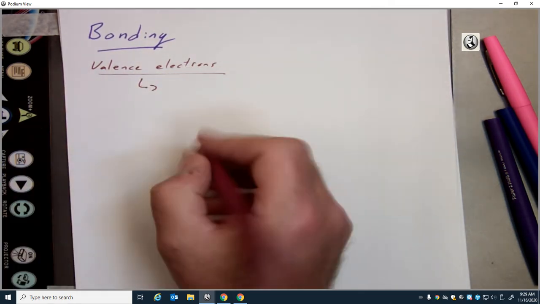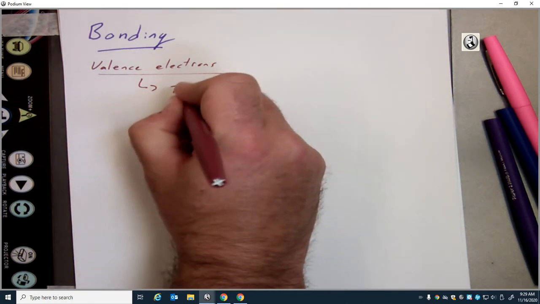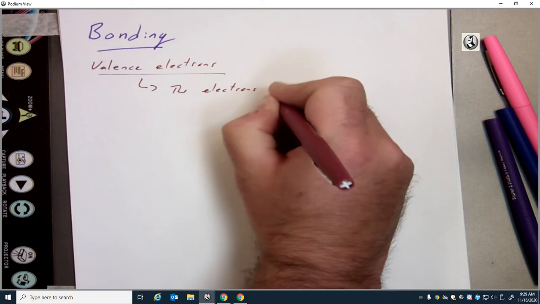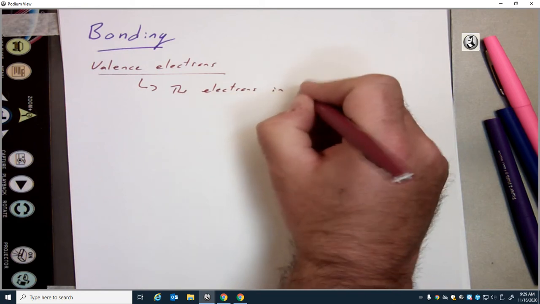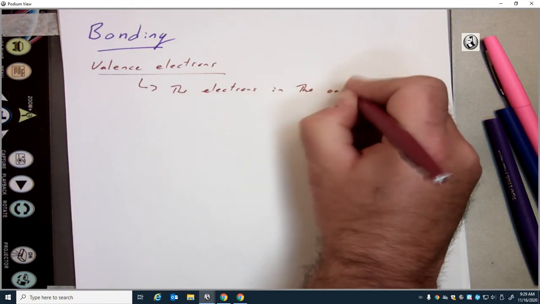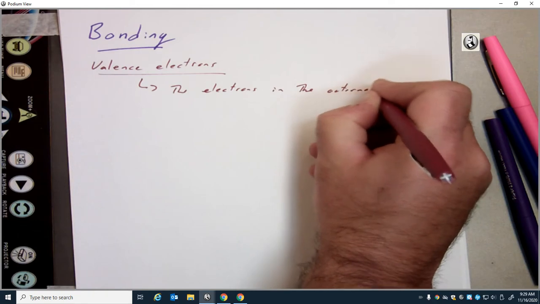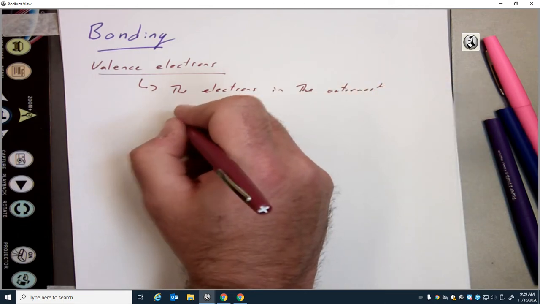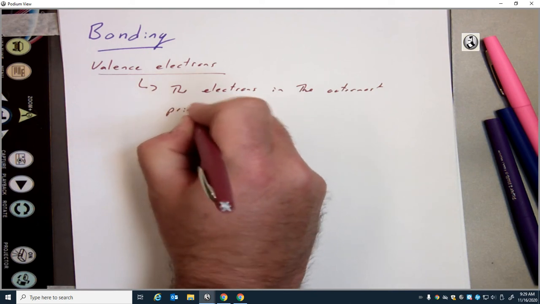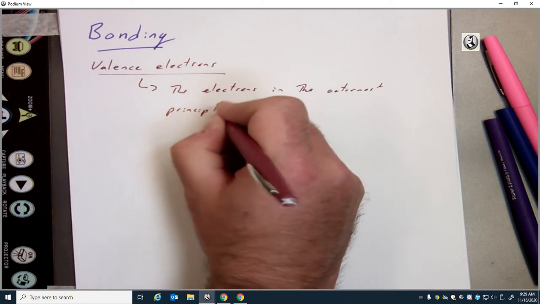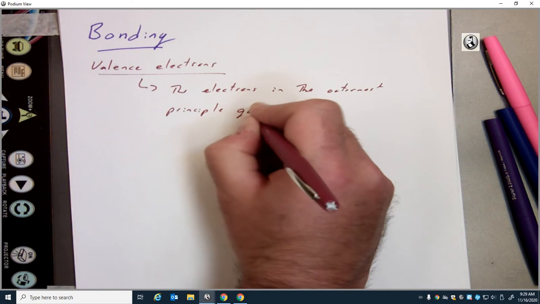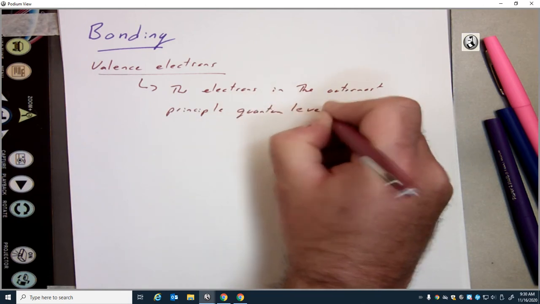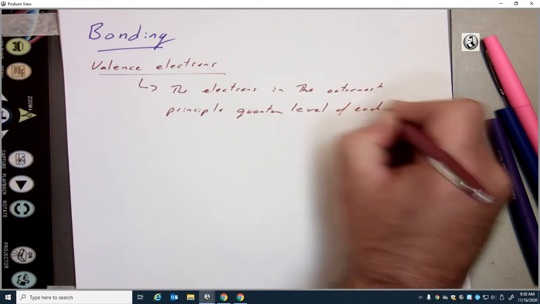So our valence electrons are the electrons in the outermost principal quantum level of each atom.